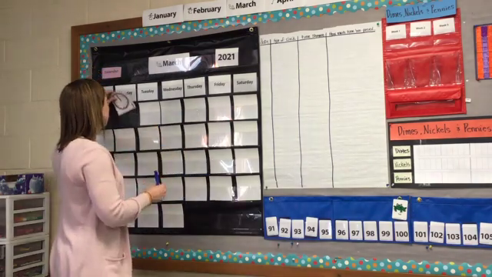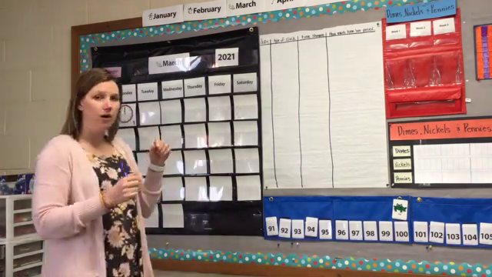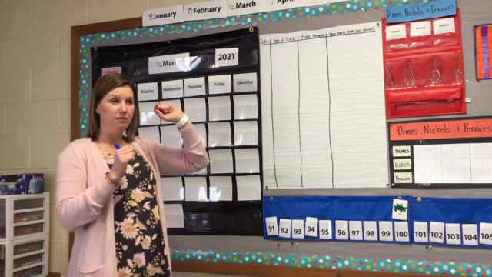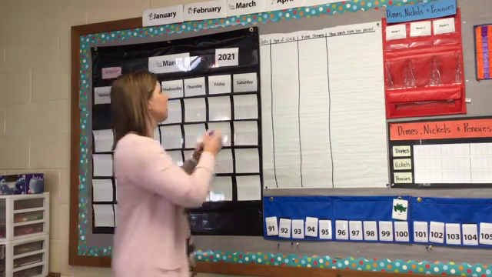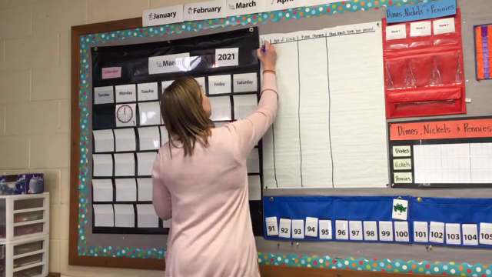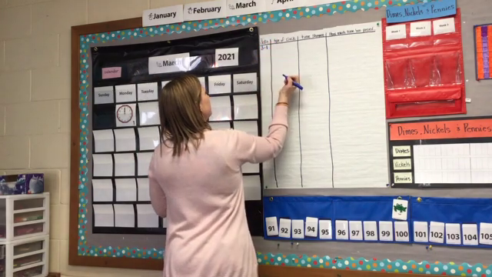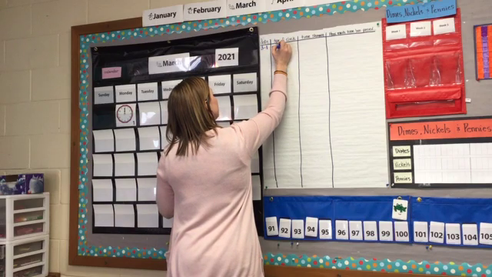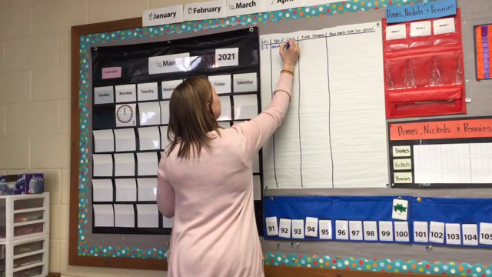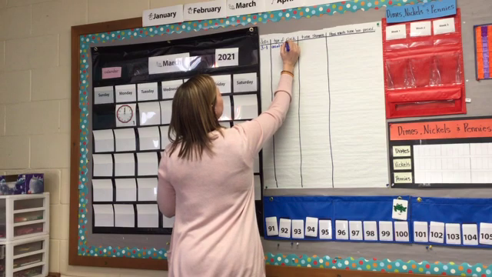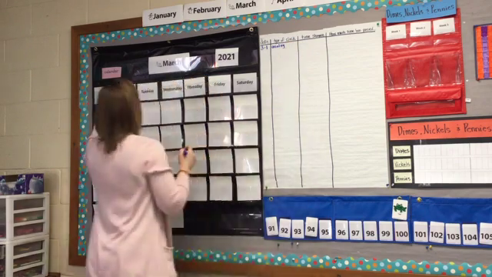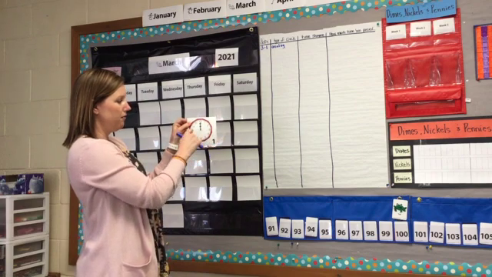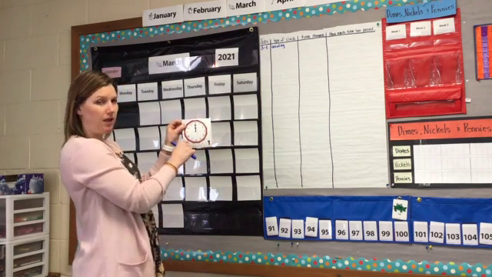You might remember from when we studied clocks before, when the minute hand is up on the 12, that's the o'clock time. So today's date is 3-1. The type of clock is an analog clock. That means it has the minute hand and the hour hand with the 12 hours around the clock.